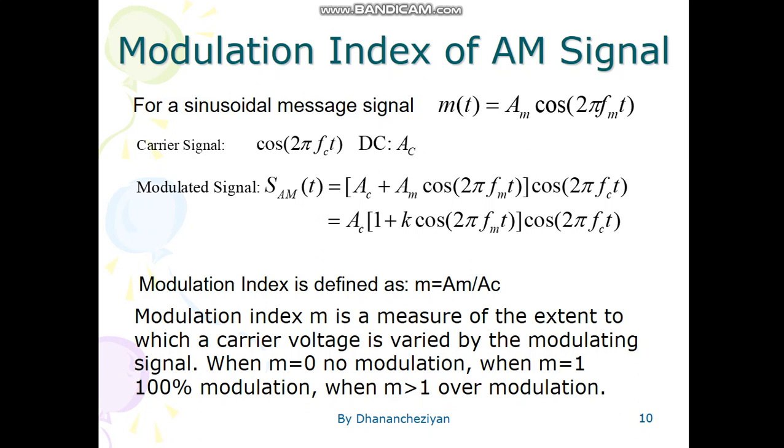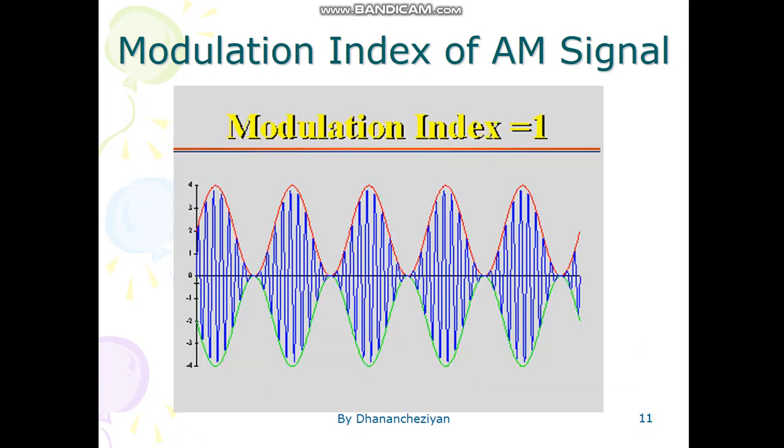When m is equal to 1, I can say it is ideal modulation, or 100% modulation. When m is greater than 1, I will say it is over modulation. We'll discuss each one in our forthcoming slides. So now, the modulation index of the AM signal is given as 1 in this case.